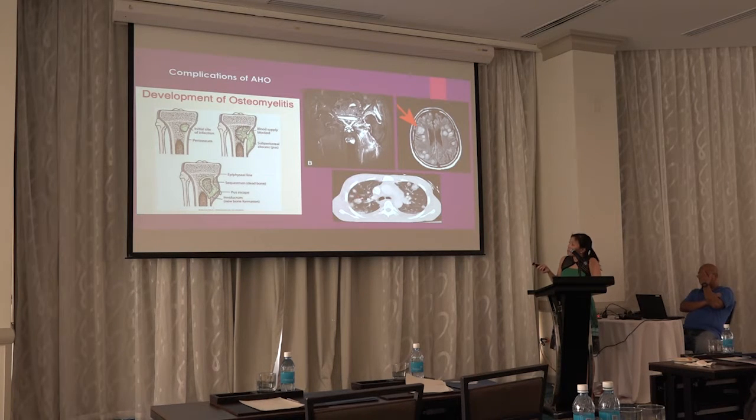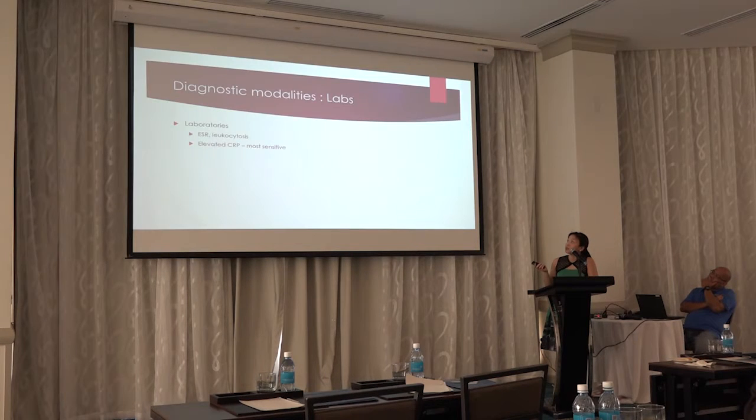You can also have septic emboli to the lung, and then also septic emboli to the brain. Although in kids, we usually see hematogenous seeding more to the bone rather than to the brain and to the lungs. This usually happens when your bacteremia also creates endocarditis, because it's easier for the particles to fling off and go to different parts of the body, which you can also have splenic infarcts or splenic abscesses as part of its complication.